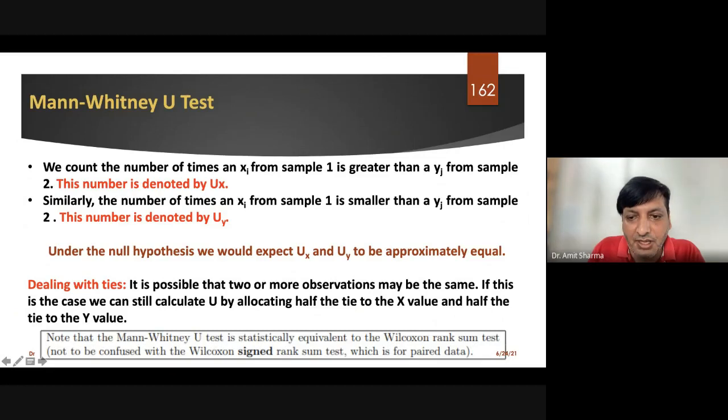Note the Mann-Whitney U test, which I am supposed to take within the next 2 classes, is statistically equivalent to the Wilcoxon rank sum test. So we'll go for this one, the alternative of that.